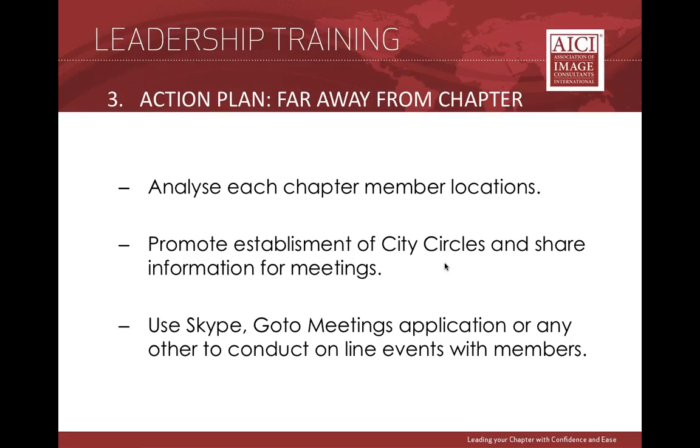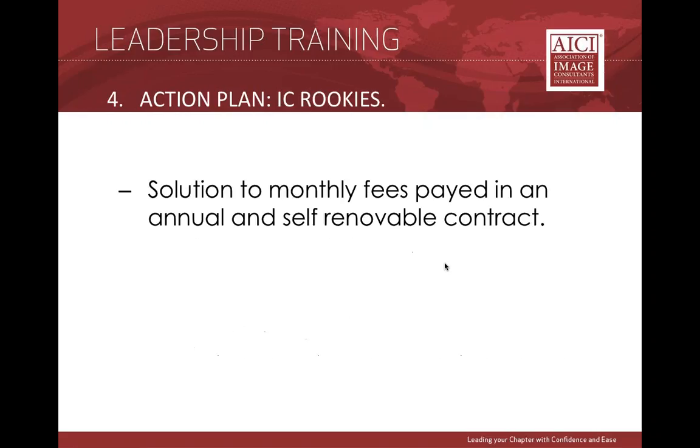So we don't know what it is exactly the city where they live, and that we could tell them to form a city circle. So since we can't do this, we are asking the chapter presidents with the VP membership to do it and analyze if there are some people that could integrate a city circle.